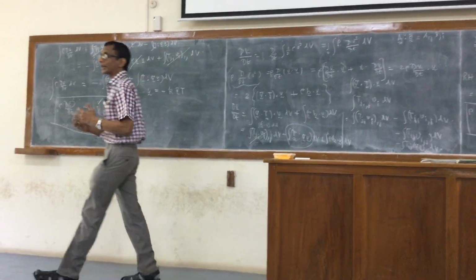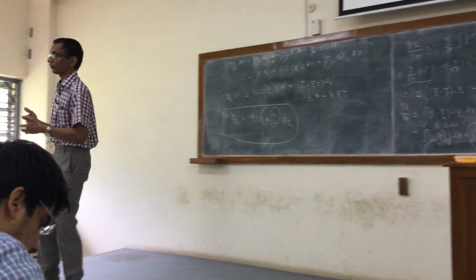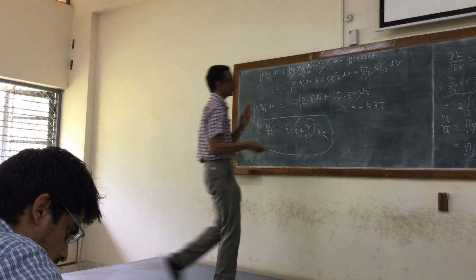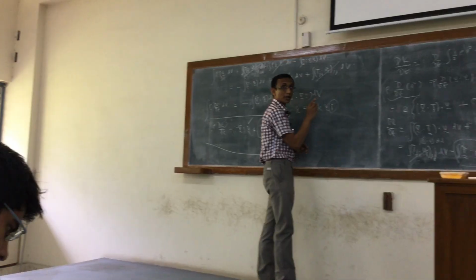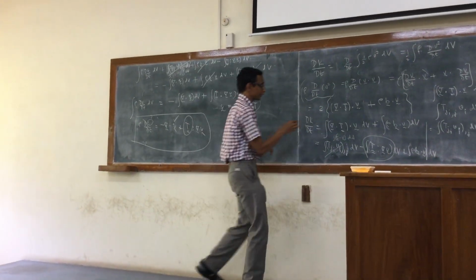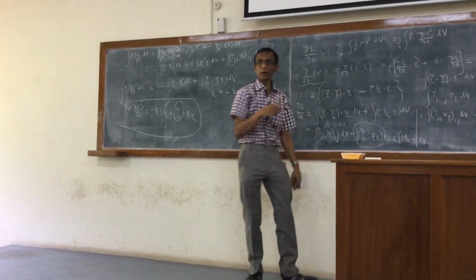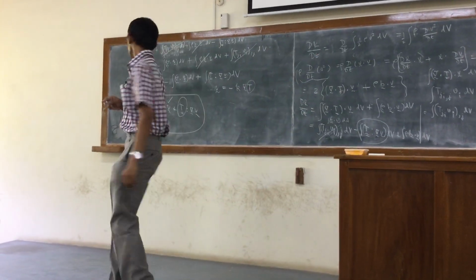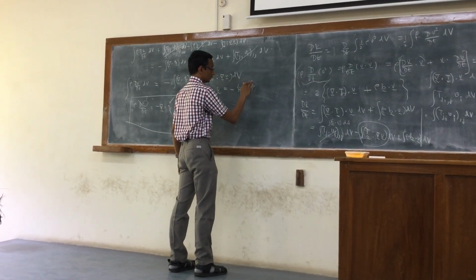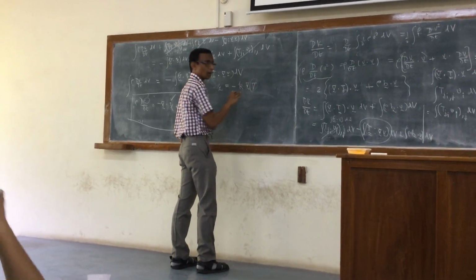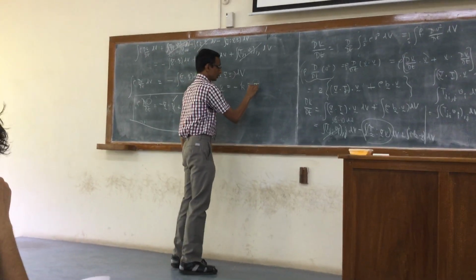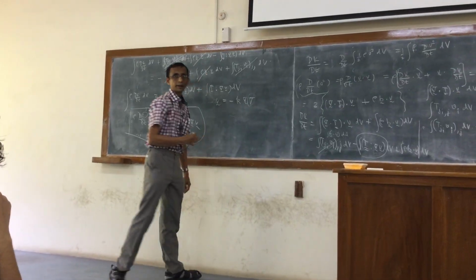This may be called a linear heat conductor. It gives a linear relation between the heat flux vector and the temperature gradient. It should not be confused with the stress tensor. Whenever I write the stress tensor, I put a double underscore to indicate it's a tensor. If you want, I can make this somewhat inverted, but in the context it is clearly the temperature. This is a linear heat conductor.